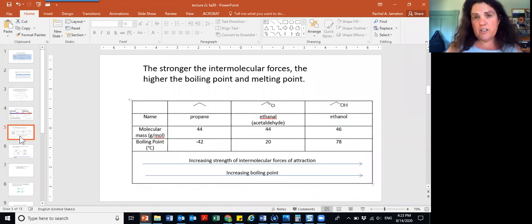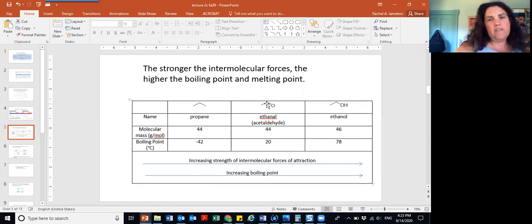In general, the stronger the intermolecular force, the higher the boiling or melting point. If we look at our examples here, with propane we just have van der Waals forces, London dispersion forces, whatever you want to call them.